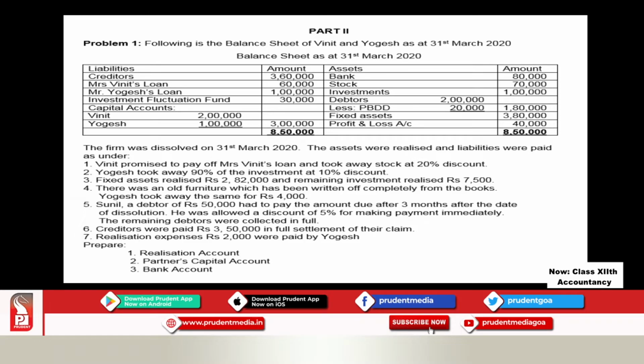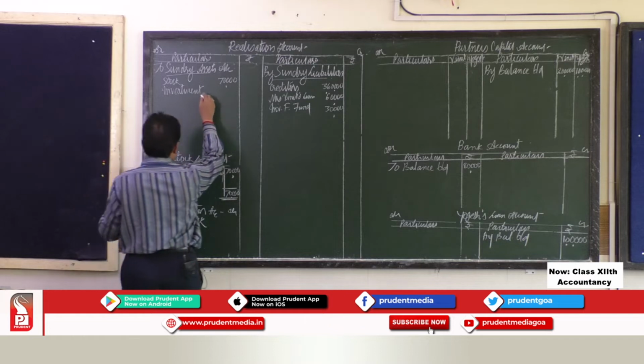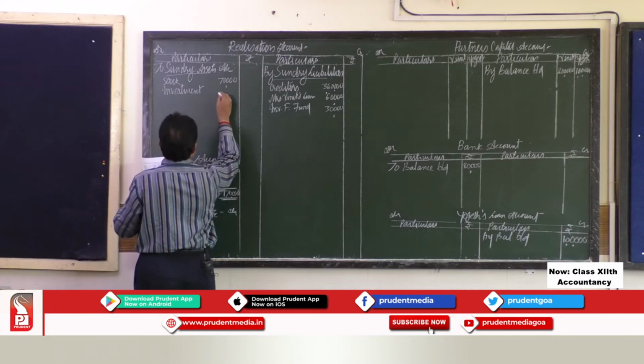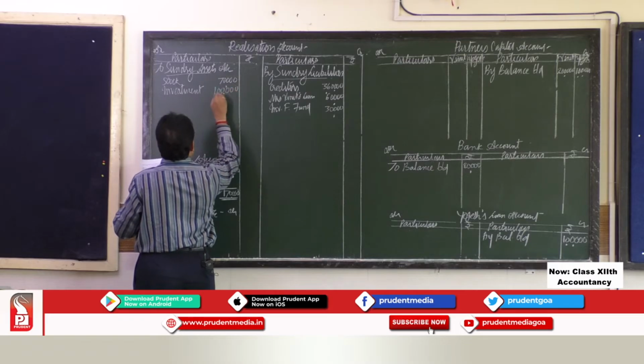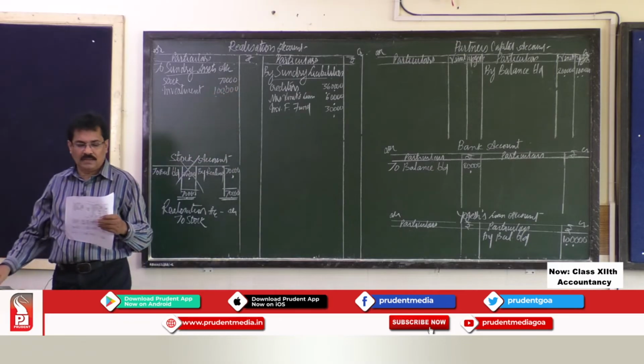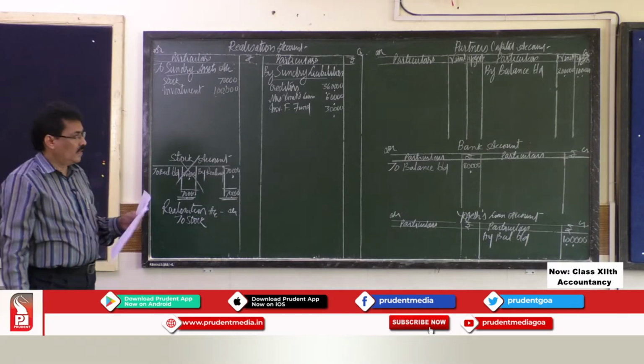Like how we close the stock account, same way we have to close the investment account also. Investment also can be realized. You can dispose of whatever investment you have, and you can recover the money. That is why we are transferring investment, which is rupees 1 lakh. Then we have debtors.